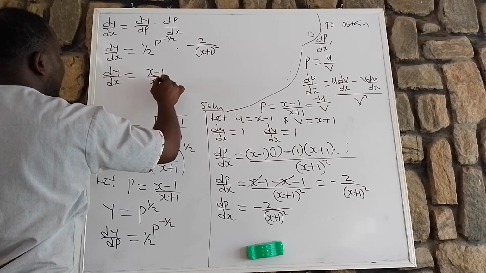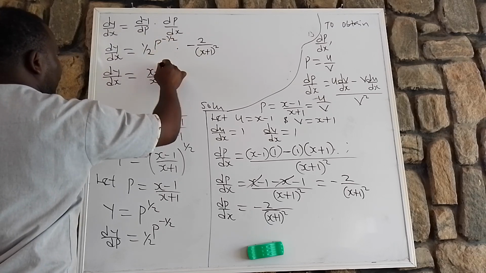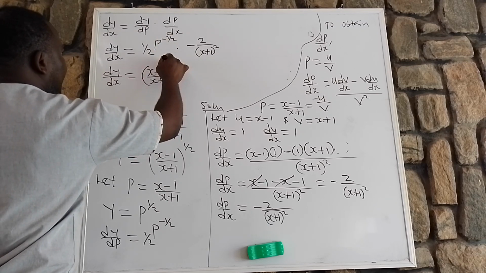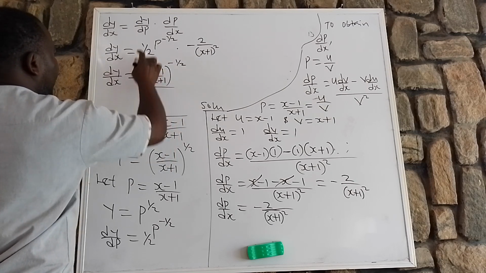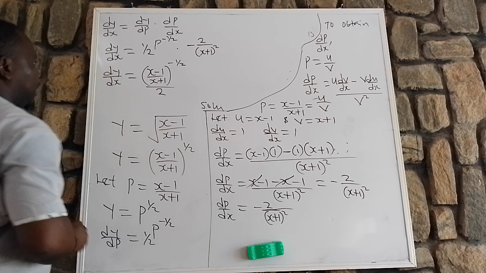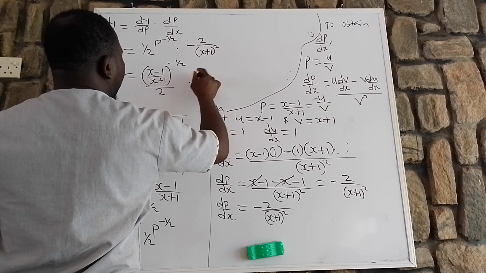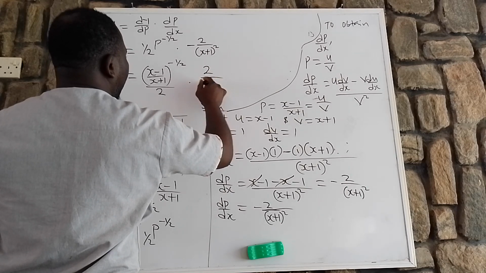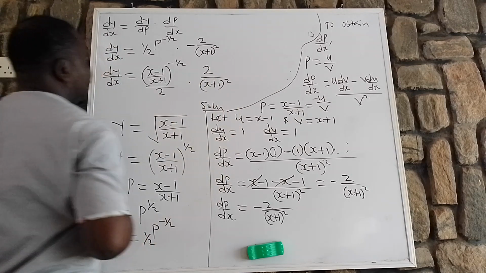Then note that p is raised to the power of, in bracket, minus 1 over 2, and then the 1 over 2 is the same thing as half, times 2 all over x plus 1 all squared.